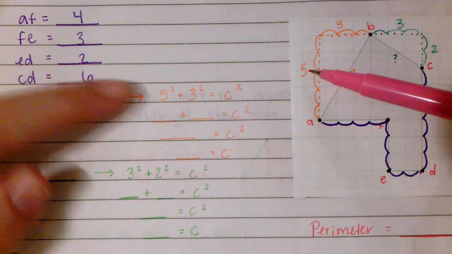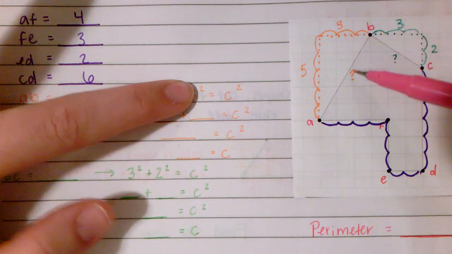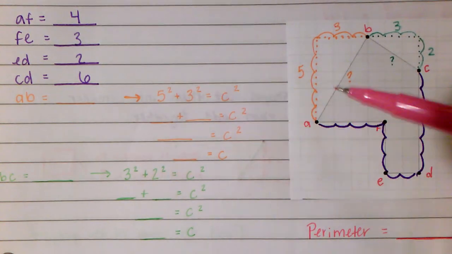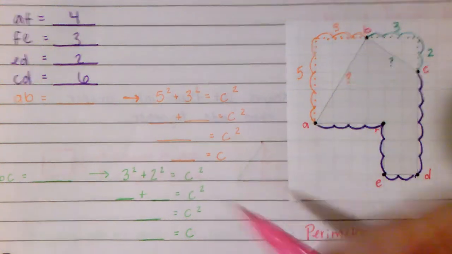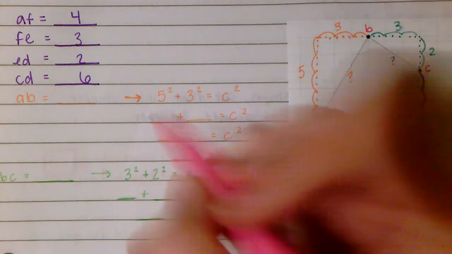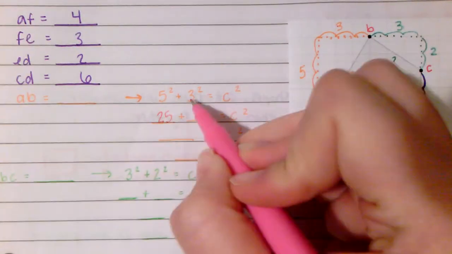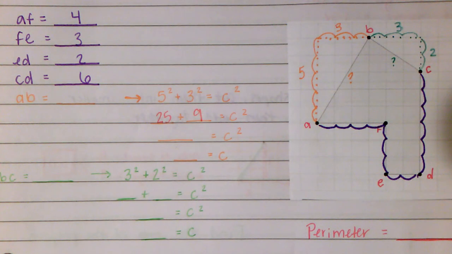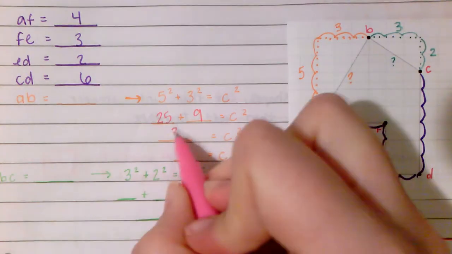So I made this my a, and this my b, and the c is what we don't know. So 5 squared plus 3 squared equals c squared. So what is 5 squared, or 5 times 5? 25. What is 3 squared, or 3 times 3? 9. And what is 25 plus 9? 34.